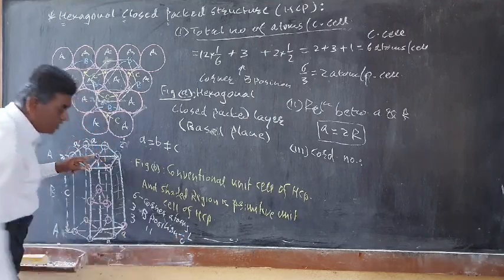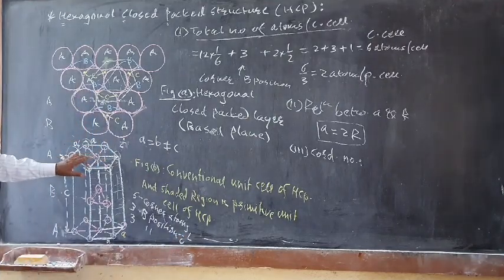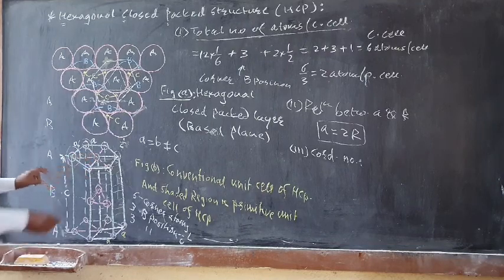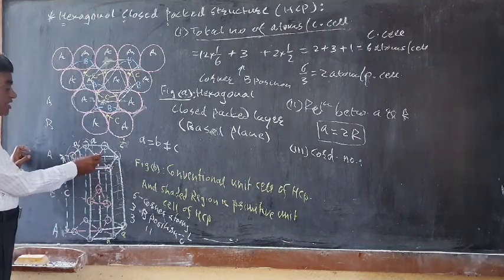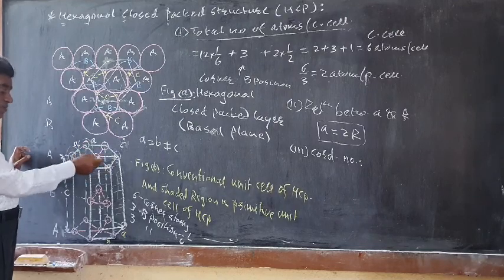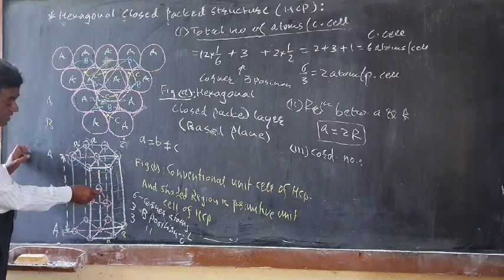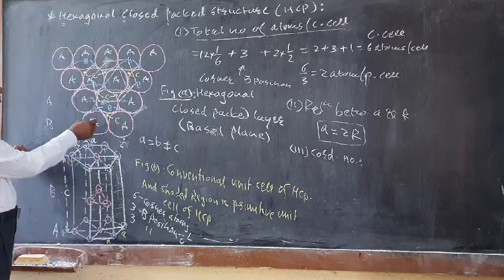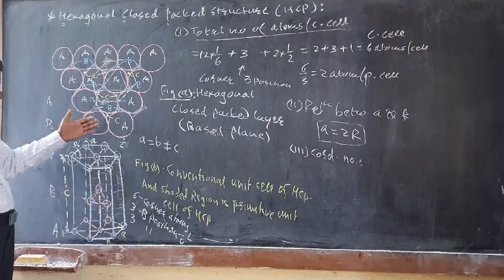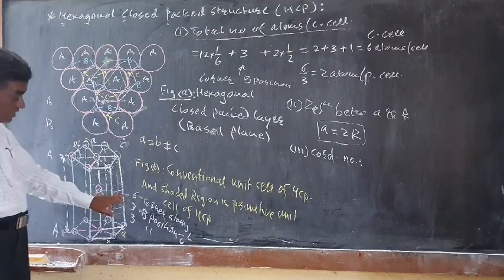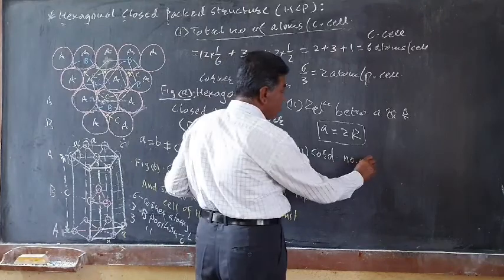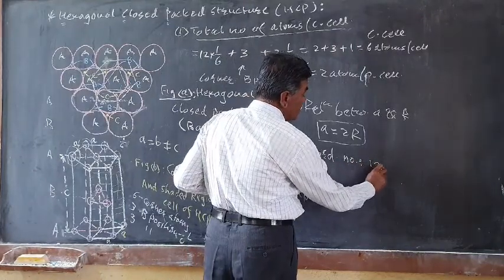So as far as the top atom taken as the reference atom, there are 6 corner atoms as its neighbors. Similarly, there are 3 B position atoms in the lower plane, and 3 B position atoms in the upper level. So you are getting 6 plus 3 plus 3, that is 12. So the coordination number of the structure is 12.